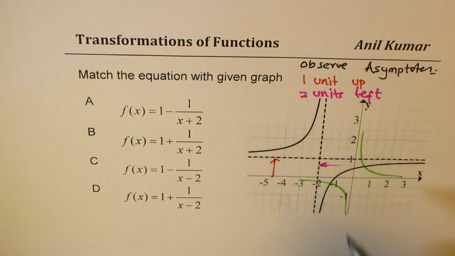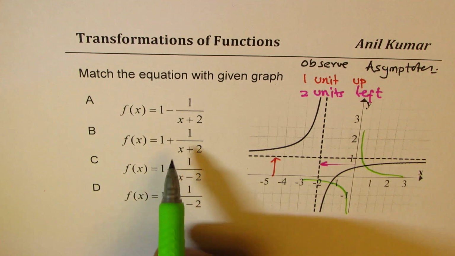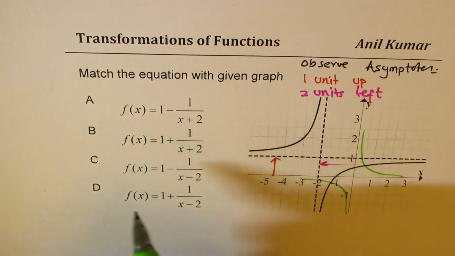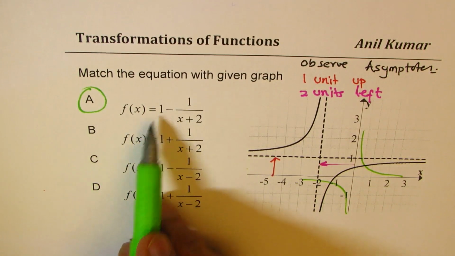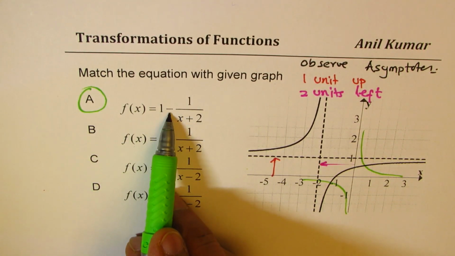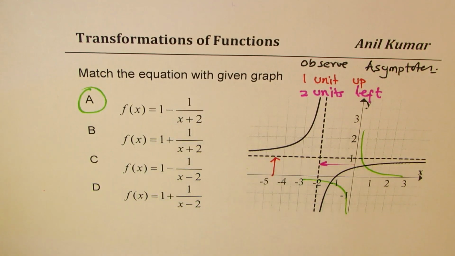But it has been flipped. That means we're looking for a negative sign. Is that right? So we're looking for a negative sign and a translation. So A matches 1 unit up, reflection, correct? And also 2 units left. So A matches. So at times it could be very tricky. You get my point, right?